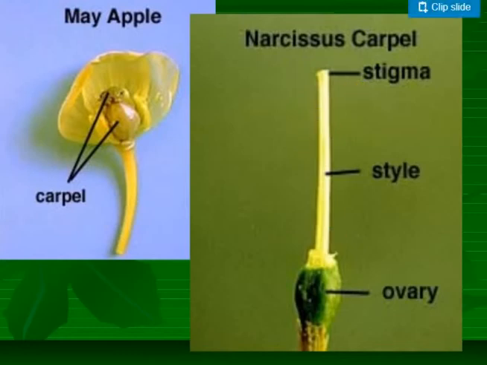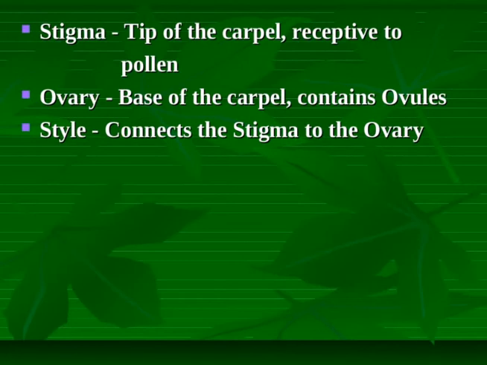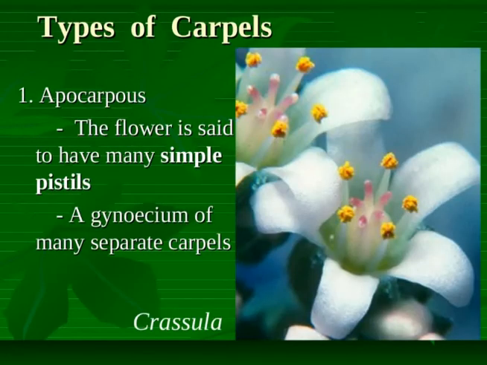So this is the typical carpel: ovary, style and stigma. And this is the receptacle or thalamus, and this is the ovary, this is the style and stigma. Now what are the types of carpels?